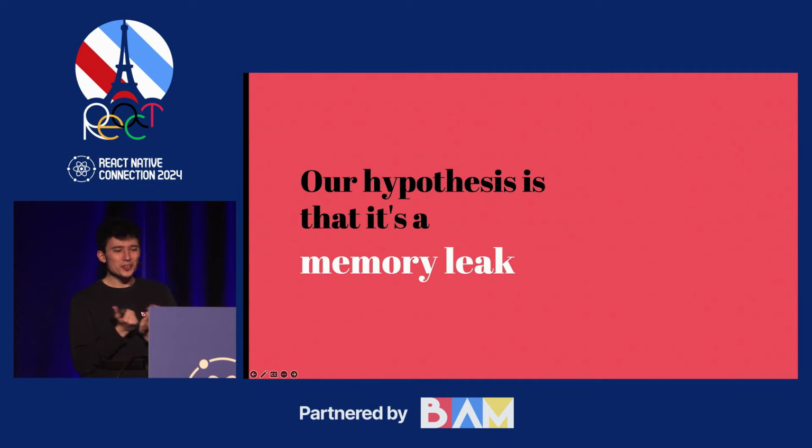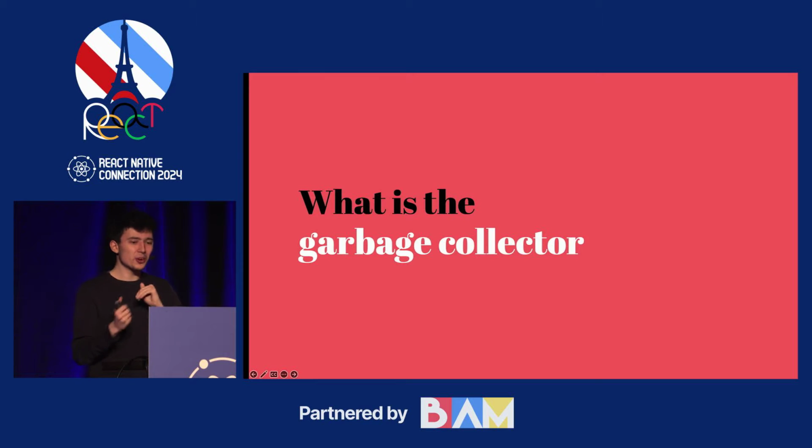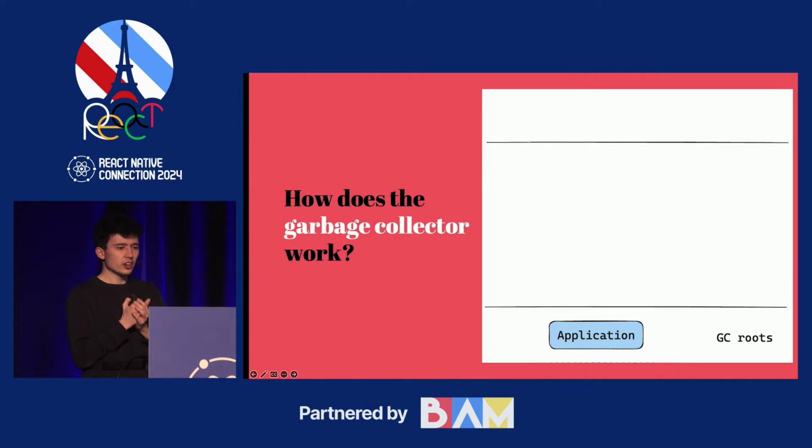But before diving into it, let's see what a memory leak is. To understand how memory leaks occur, we have to first understand what a garbage collector is. We are on Android TV, and on Android the garbage collector can vary depending on the operating system version, but they all generally follow the same principle.